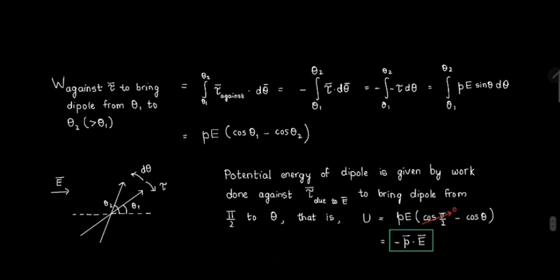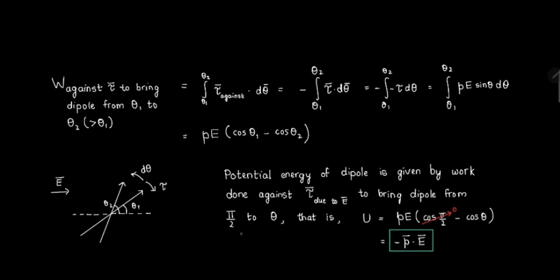Potential energy has a definition. The potential energy of a dipole is given by the work done against this torque to bring the dipole from pi by 2 to theta. Why pi by 2? It is by convention. This is the definition. So if you use this, what you'll get is potential energy, which is nothing but minus dipole moment dot electric field.